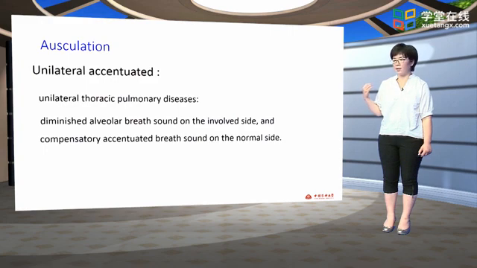If the patient has a large amount of pleural effusion, or lung cancer with a huge amount of pleural effusions, on this side there is no breath sound, but the other side needs to compensate for the respiration, so the other side has compensatory accentuated breath sound.